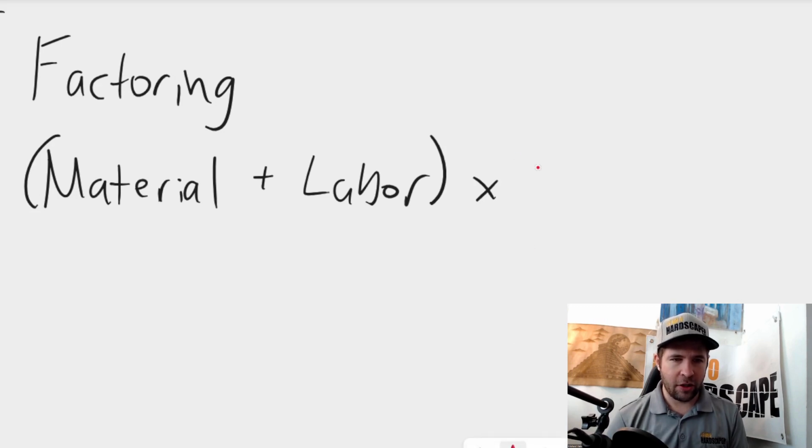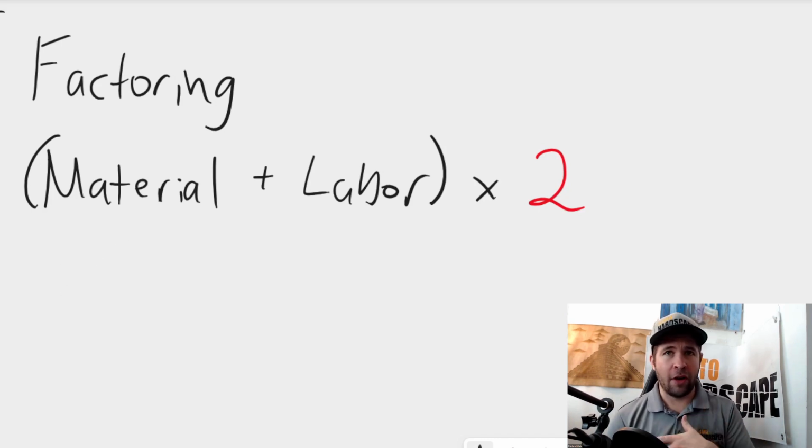So I'm just going to change colors here, and we're just going to assume it's 2 because this is a common one that we get. And 2 assumes that your material plus your labor, if you deduct that from your revenue, that's your gross profit on that project. So revenue minus cost of goods is your gross profit. So a lot of people say multiply it by 2 and you get a 50% gross profit with this.